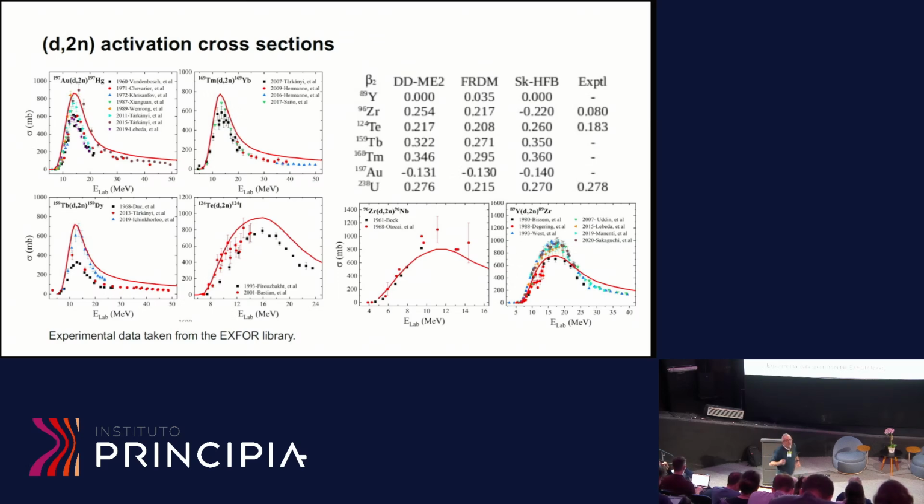We'd expect that if there was a strong inelastic component, it would suppress the d,2n cross-section. And there seems to be no suppression here, at least as far as we can tell. So there are no systematic effects. So we conclude that at least at first glance, the inelastic contribution is probably not so big.